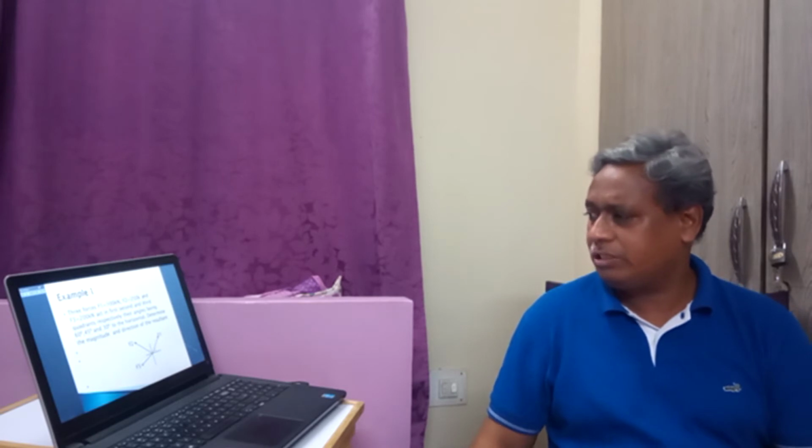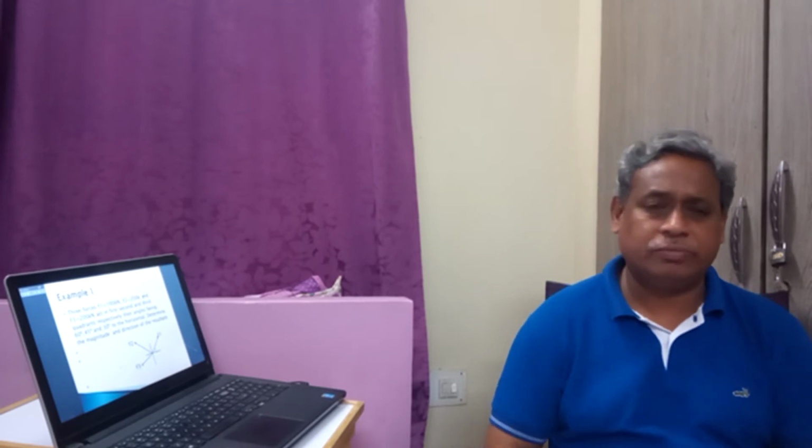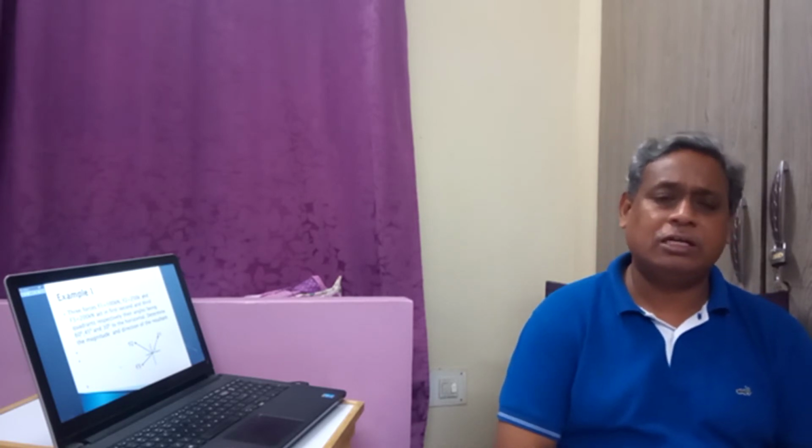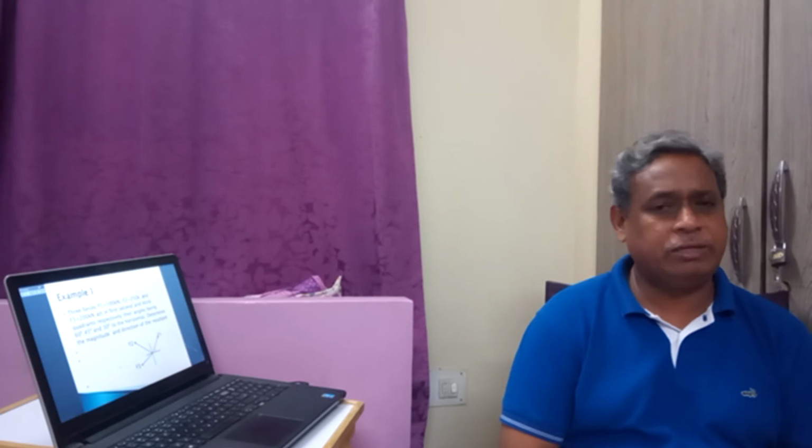In this force system, we have taken three forces, F1, F2 and F3, at angles of 60 degrees, 45 degrees and 30 degrees to the horizontal. This example we did in the previous class.